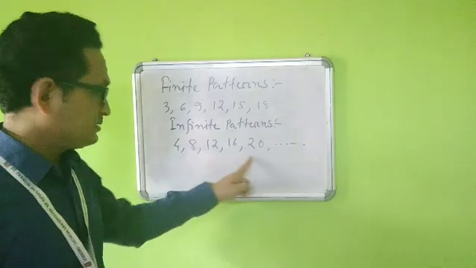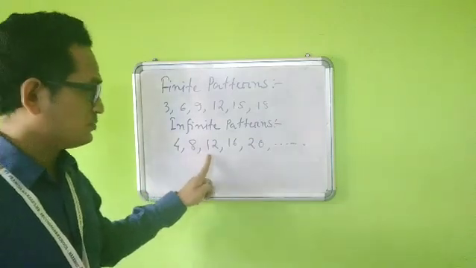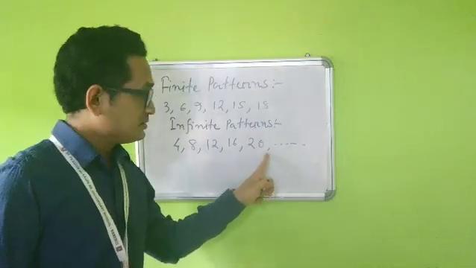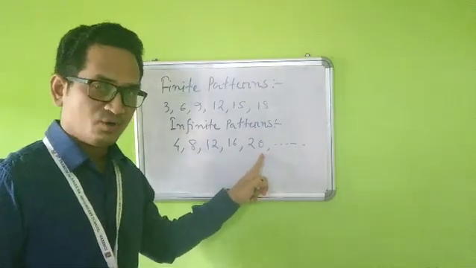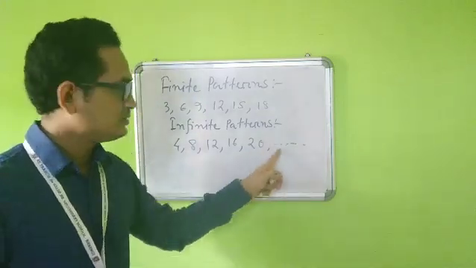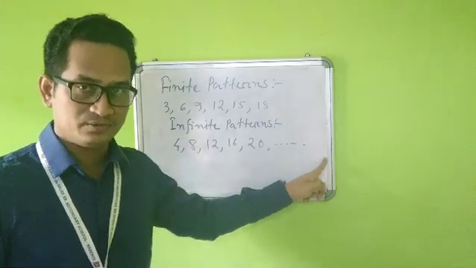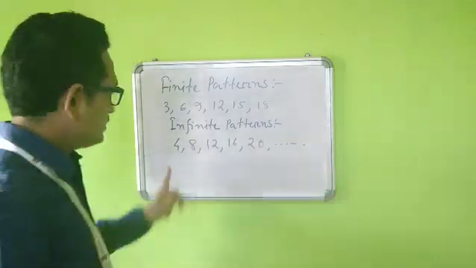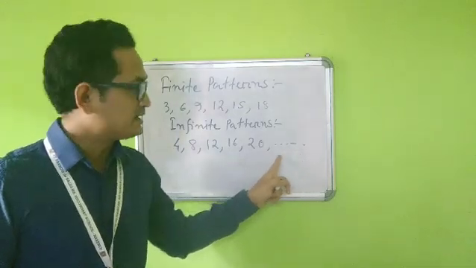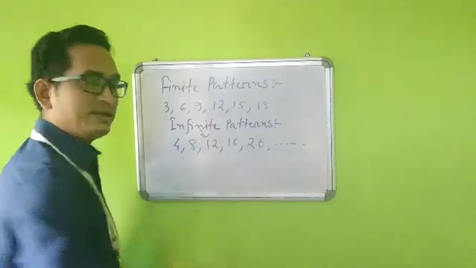If you see this pattern, it is very easy: 4 plus 4 is 8, 8 plus 4 is 12, 12 plus 4 is 16, 16 plus 4 is 20. But does it stop here? No, it is continuously going on. It has not stopped. The next number will be 24, then 28, then 32. So like that it will go on. Students, since the pattern does not end here and is continuously going, this pattern is known as an infinite pattern.